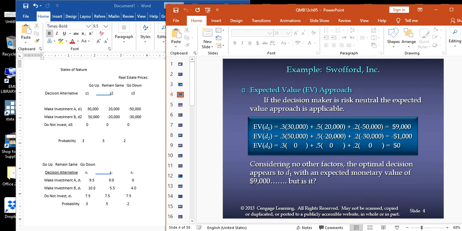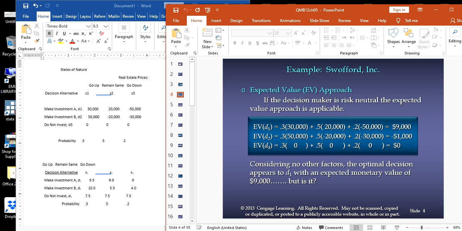For example, for decision 1, investment A, 30% multiplied by, sorry, 50% multiplied by 20,000 over here, and probability of 20% multiplied by minus 50,000, and the expected value is 9,000.